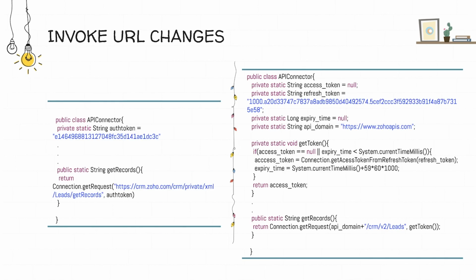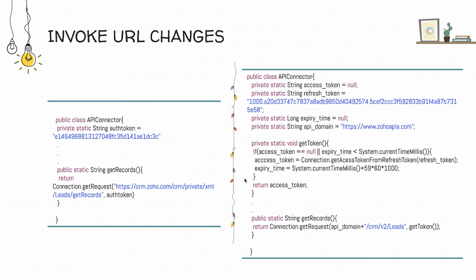As for the second method, the INVOKE URL changes. Previously we were using the INVOKE URL method to the left of the screen, the one where you have to give in the auth token. And now, the URL structure for calling an API like this one.